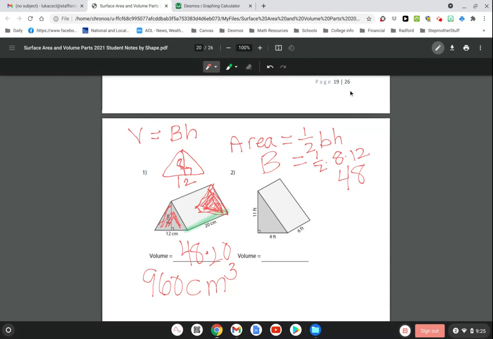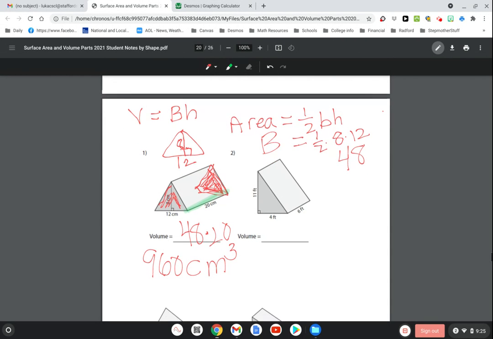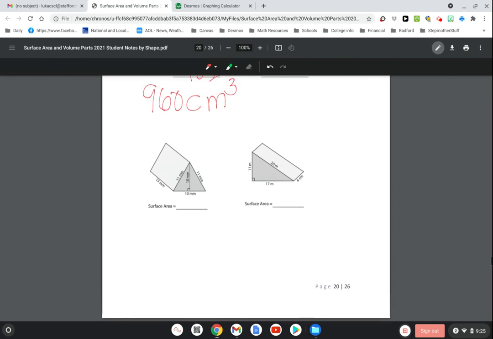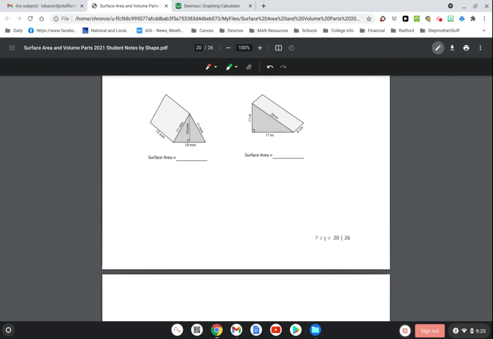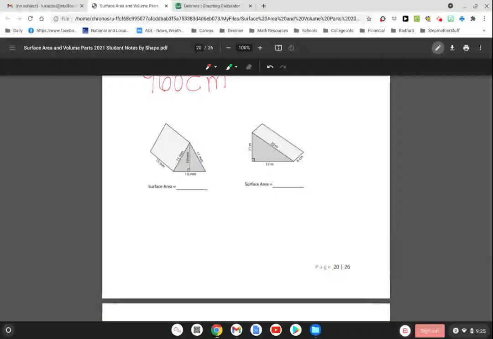Now, when we do the surface area, we're going to have to find one more thing about that triangle base, and that's going to be the perimeter. So you can see here that we have the same sort of situation. We have the triangle in the back. We have the triangle in the front. That's our triangle base that we're looking at. So here we have a 10 and an 11 and an 11 and a 10.